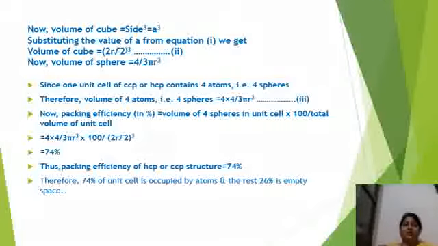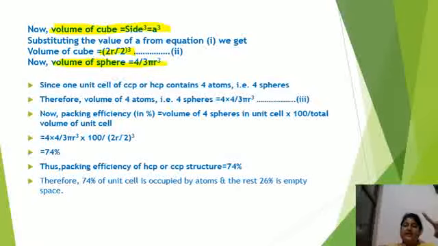Now we all know that again volume of cube is side cube, that is a cube. Okay, so a is equal to 2r root 2, then putting the value, 2r root 2 whole cube. We all know volume of a sphere is 4 by 3 pi r cube.